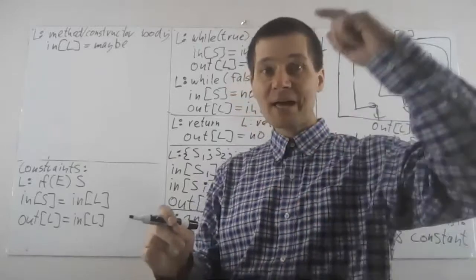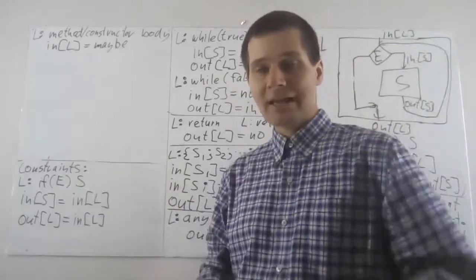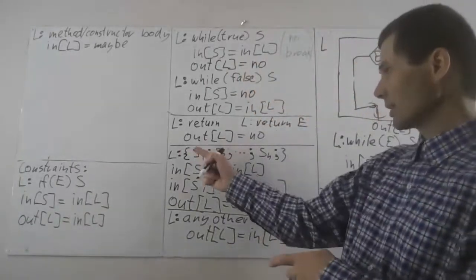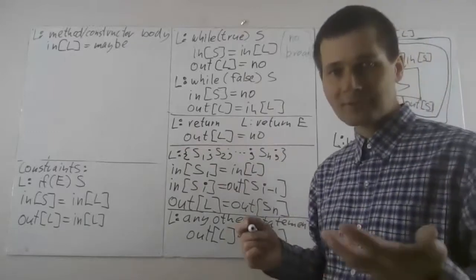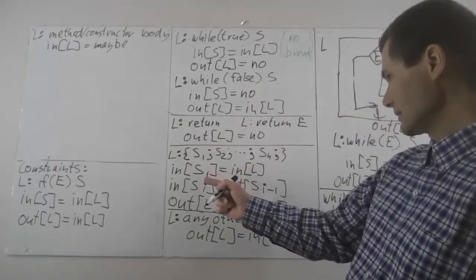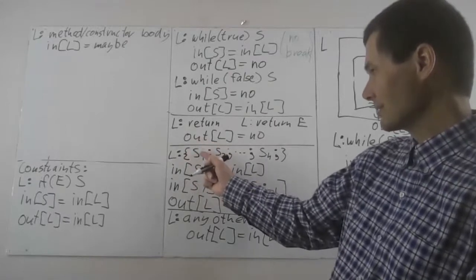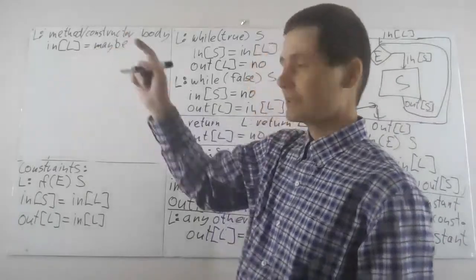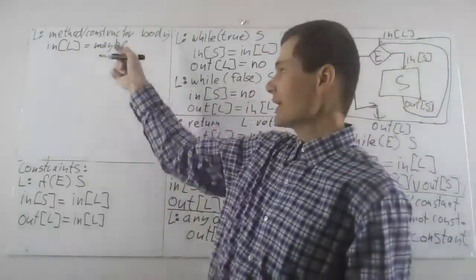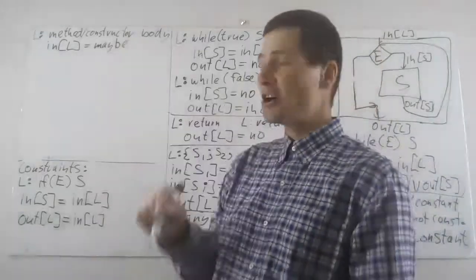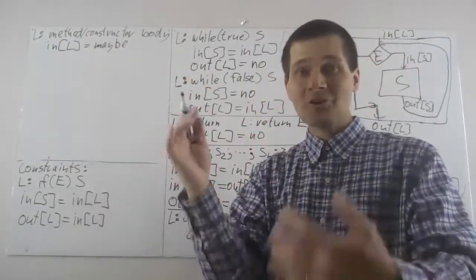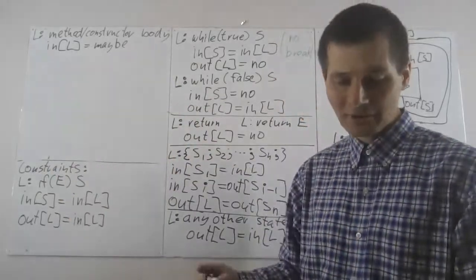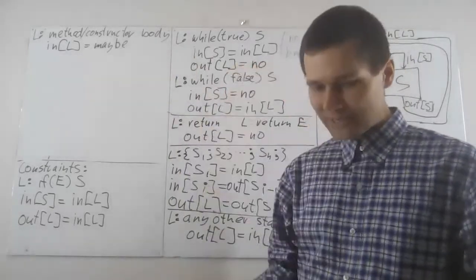So you say the method maybe can begin executing, and then let's say the body of the method is a block with a whole bunch of statements, one after the other. The in of the first statement in the method is the in of the block as a whole, which here is the maybe. If we didn't have that starting point, if we said no, then we would be saying that the method itself can't begin executing, and then none of the code in the method could ever execute.